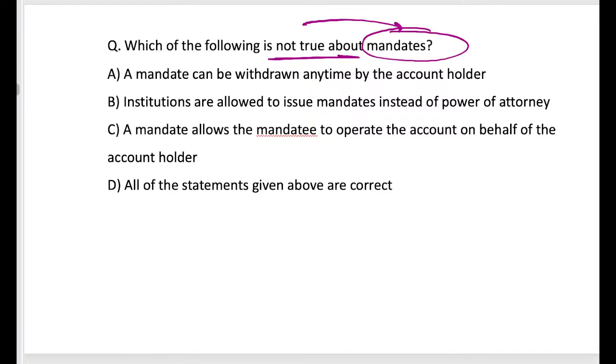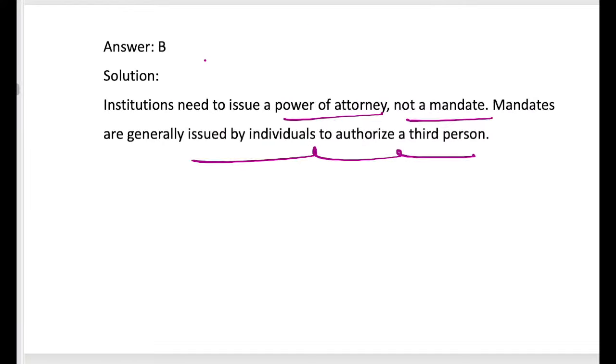Okay. So institutions are allowed to issue mandate instead of power of attorney. It should be reversed. Okay. So B will be the right answer for this particular one. Correct.